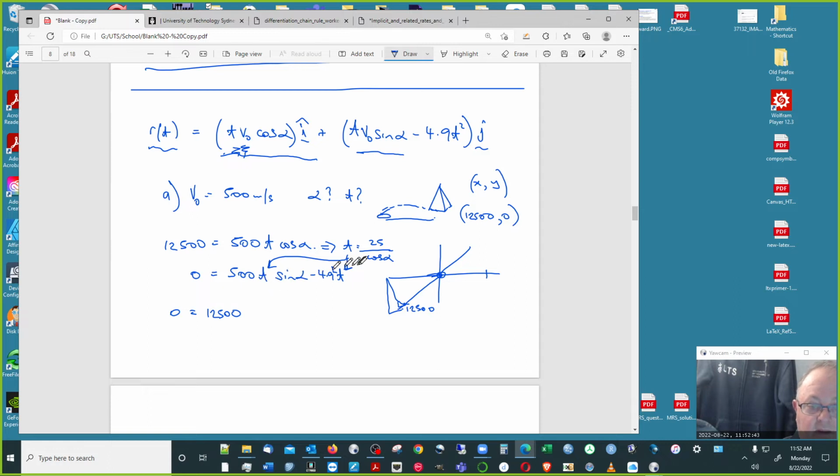Okay, t was 25, with cos alpha on the bottom. So we already had a sine alpha, and we're bringing the cos alpha in. So y over x, so that's tan, if need be. Minus 4.9 times 25 squared. Does somebody want to tell me what that is?